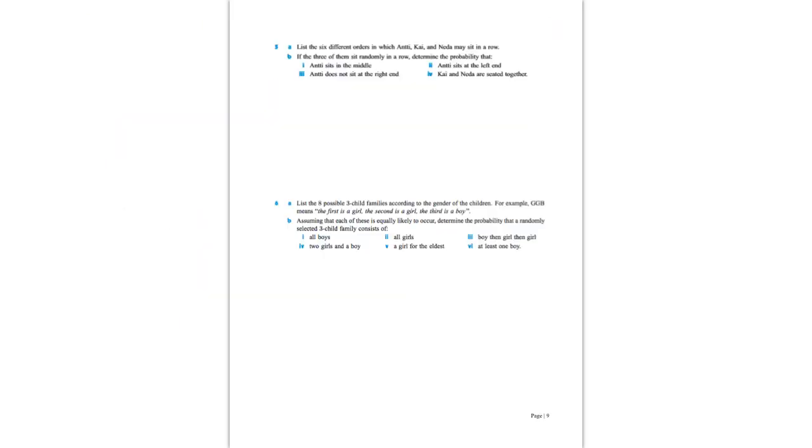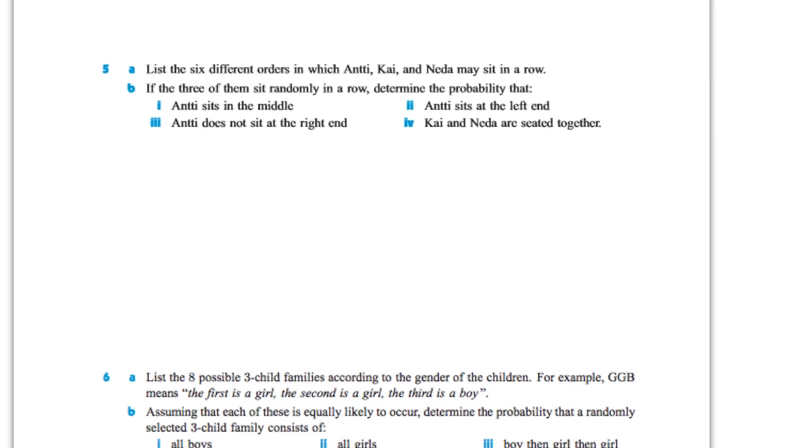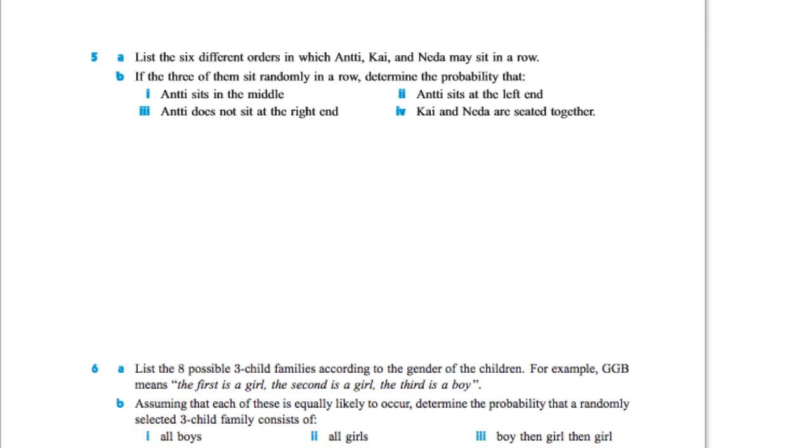Okay, turning the page. Okay, suppose I have 3 people, Anita, Kai, and Nita. They're going to sit in a row, and I have to list the 6 different orders in which they can sit. Okay, so if my sample space is about reordering 3 people with the initials A, K, N, I'm going to recommend that we draw this out vertically.